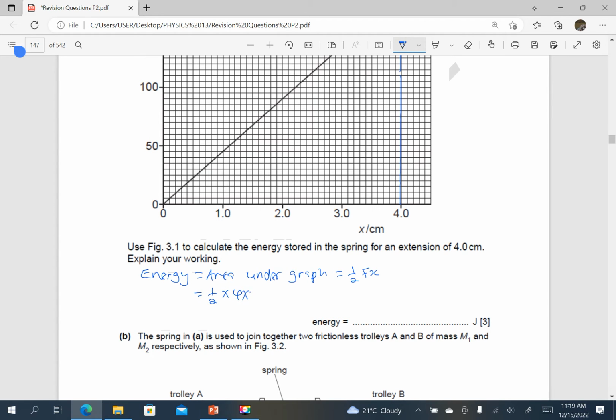That is 4 times 10 power negative 2 times the height is going to be 180. So I just press my calculator. From my calculator, the energy is 3.6.